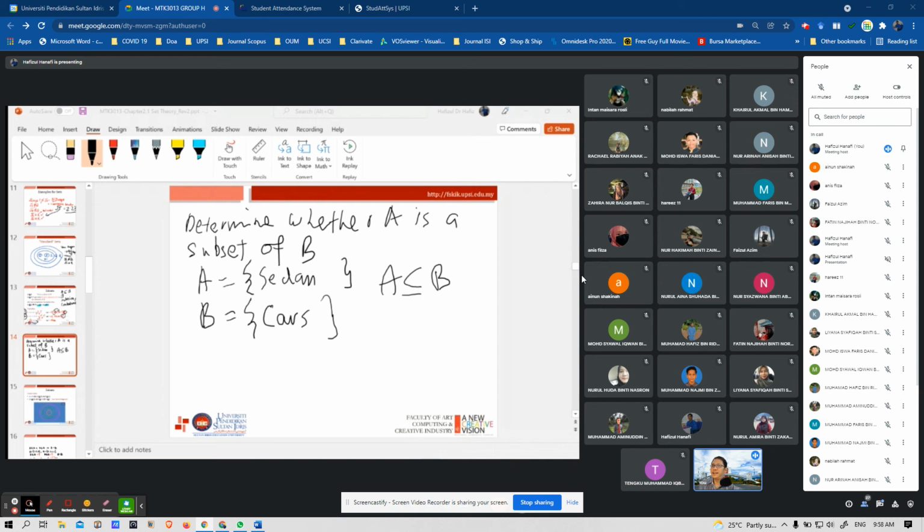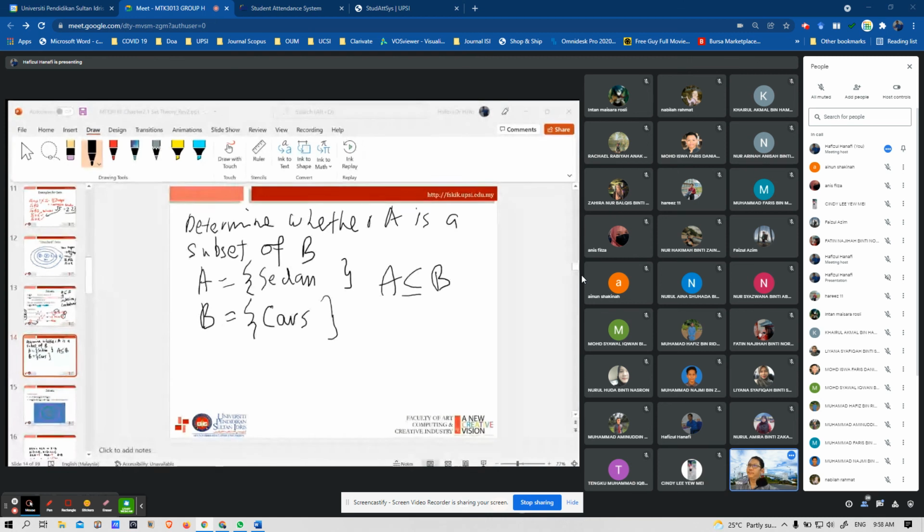Okay, and so A is a subset of B. Therefore A can be defined as a subset of B because all elements of A are included in B.